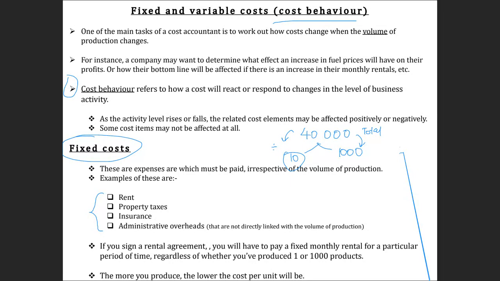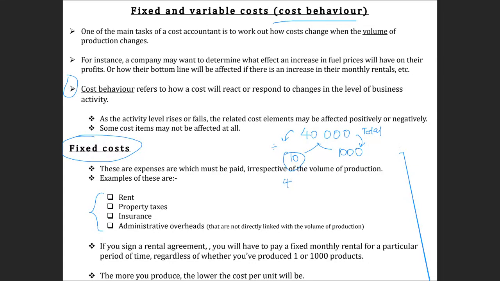So here it makes a difference in terms of the fact that the level of production had changed, and this would obviously then impact the per unit cost, whilst the total cost remains the same.